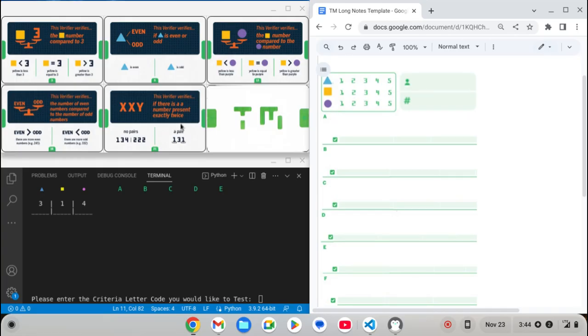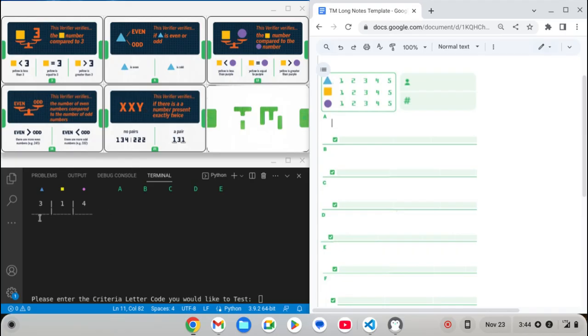Specifically, it can tell us whether there's a pair, as in the example 131, or alternatively, there are no pairs, but there are a couple of cases. One where all the digits are distinct, as in the example 134, or all the digits are the same, as in the example 222. And remember, the objective of today's puzzle is to find that unique 3-digit code that abides by all of the 5 criteria cards we just described.